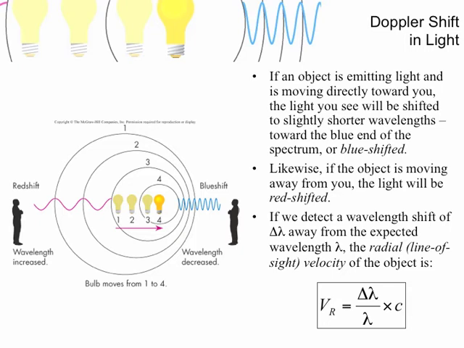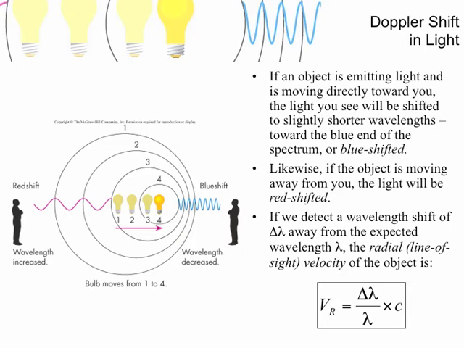Higher frequency means a bluer color. Lower frequency means a redder color. It's important not to get these two things mixed up. If something is heading towards you, we say it is blue shifted. If something is heading away from you, it is red shifted, because it appears redder.